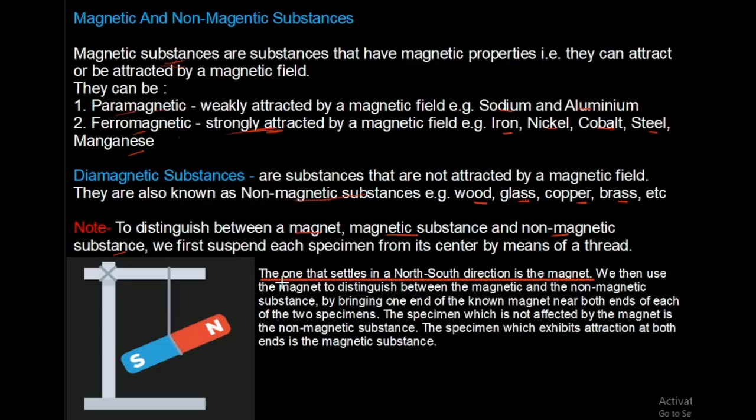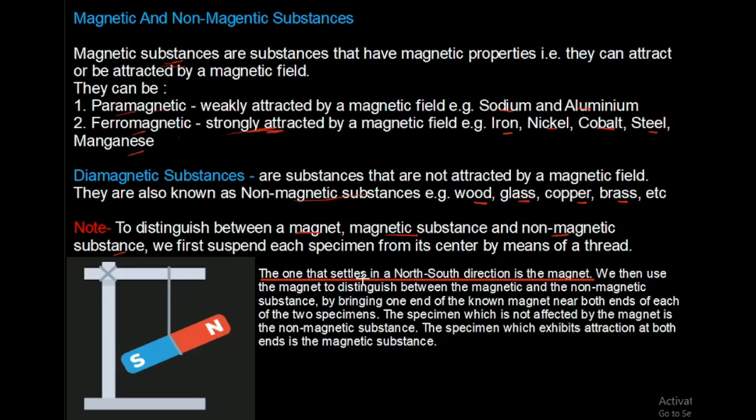For the magnet, whenever it's suspended from its center by means of a thread, it will always settle in a north-south direction. So whenever a magnet is tied in its center and suspended, it will tilt, and after a while it will settle in the north-south direction. This is due to the magnetic field of the earth, which we are going to talk about later.